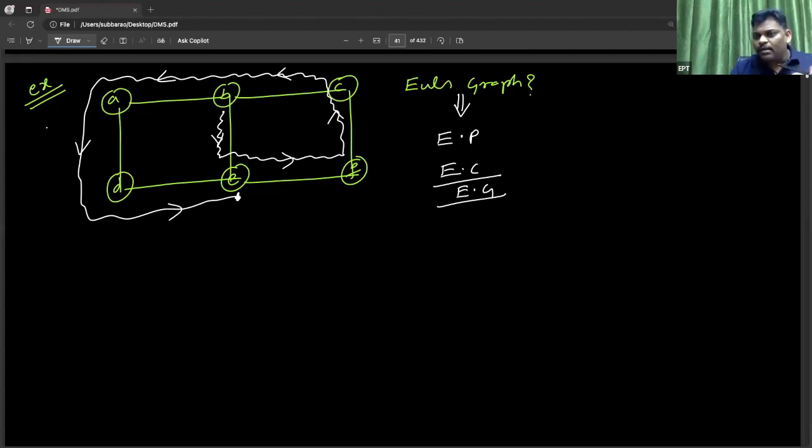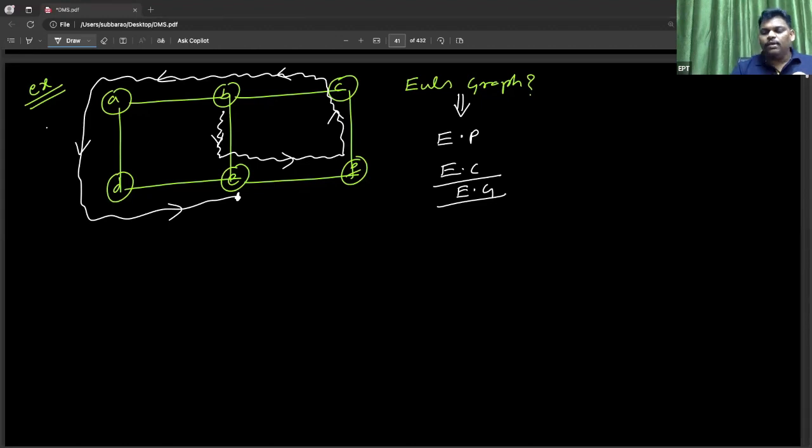If you concentrate on whether vertices repeat or not, that is called Hamiltonian. That is called the Hamiltonian graph. In the Hamiltonian graph, you bother about vertex repetition. In the Euler, you bother about edge repetition.